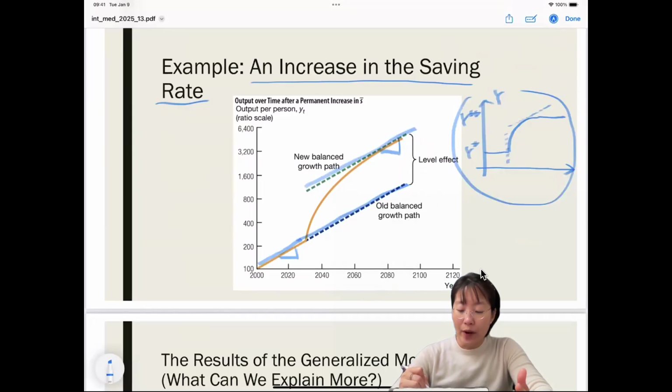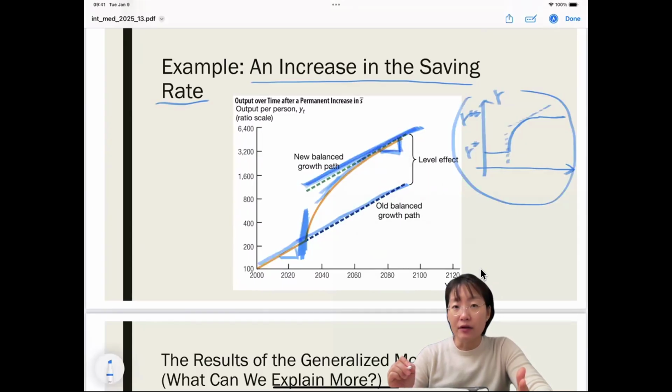However, when the economy is far away from the new balanced growth path, the upper one, then it grows faster. And as the economy reaches the new balanced growth path, the growth rate becomes slower and eventually it achieves the previous constant growth rate.